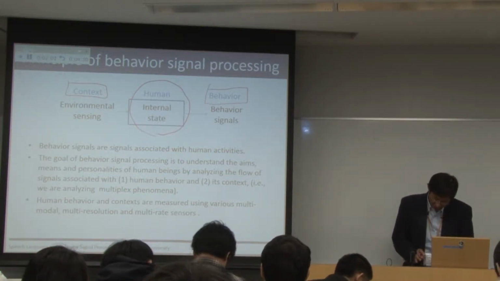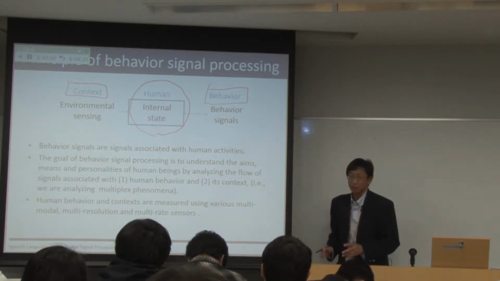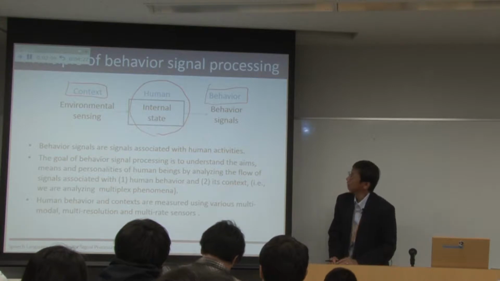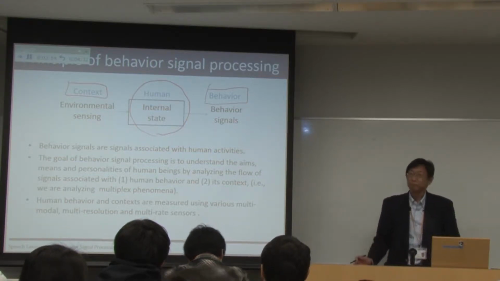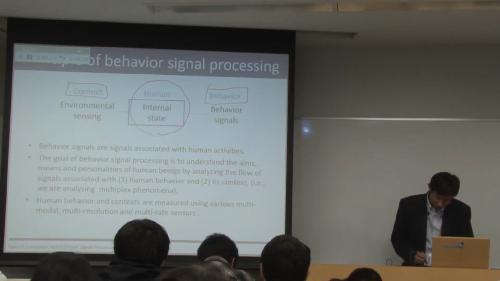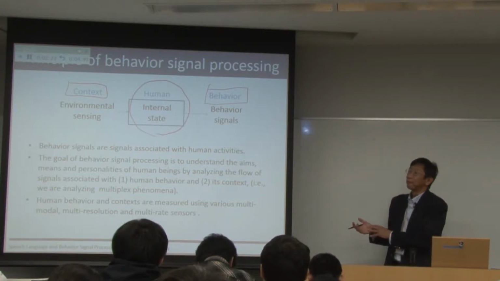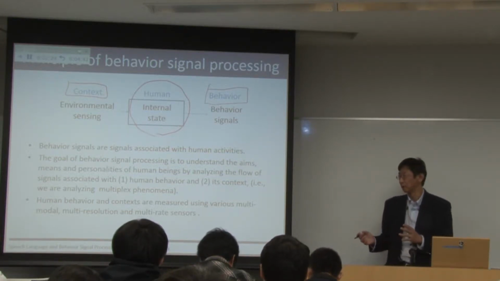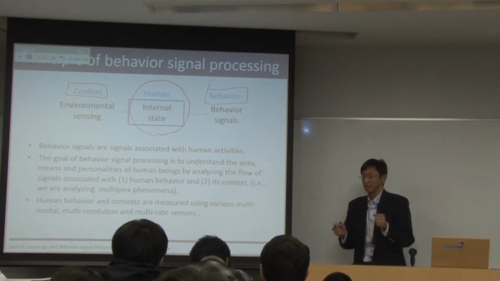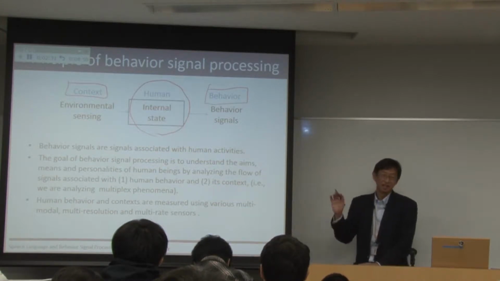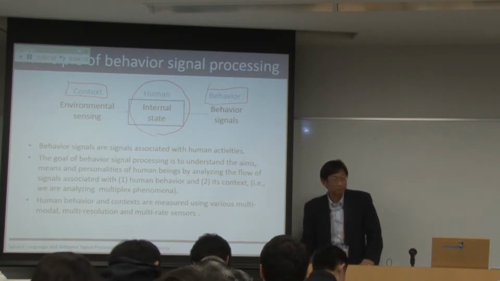So we have 2 signals that represent the environment or context of the behavior and the output or behavior itself. And the human is a system which converts environmental sensing results into their own behavior, which must be, for example, turning the steering wheel or pressing the gas pedal for driving cases.